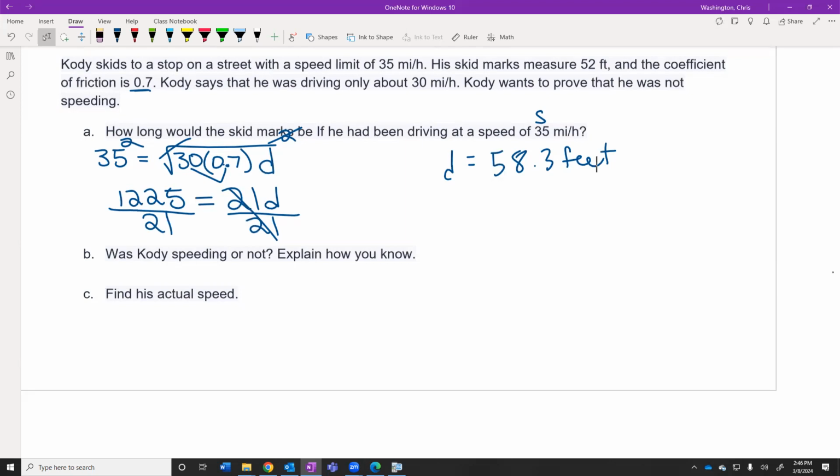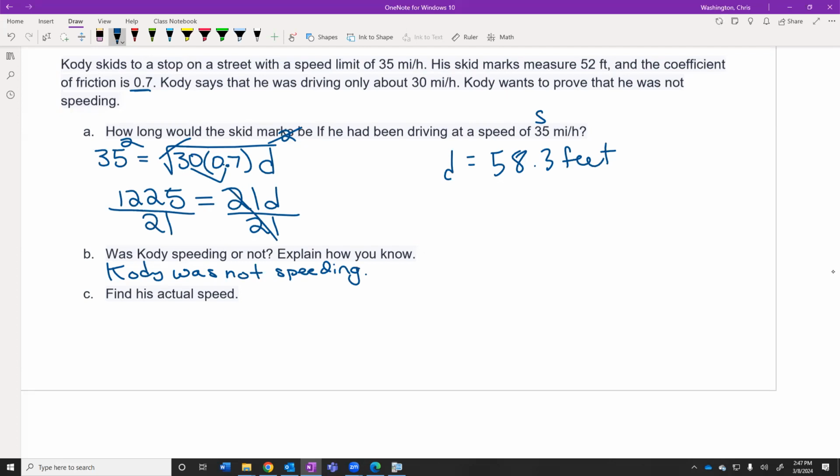So part B: can Cody prove that he was speeding or not? He was not speeding. And how do we know Cody was not speeding? He didn't go 58 feet. If he was doing 35 miles per hour, he would have gone 58.3 feet. How far did he actually skid?